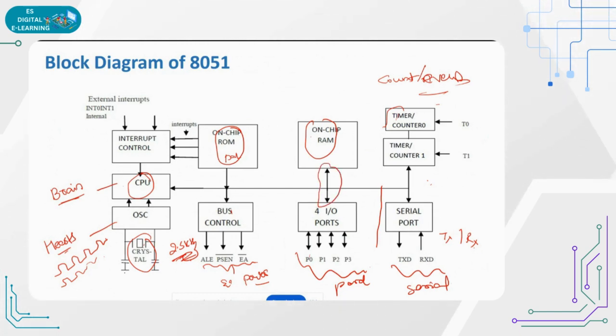They have two ways: it can transmit and it can receive. You can also see some arrows which are unidirectional; they only transmit. So this is about the block diagram of the microcontroller.